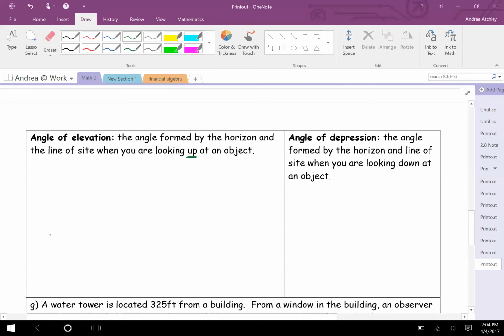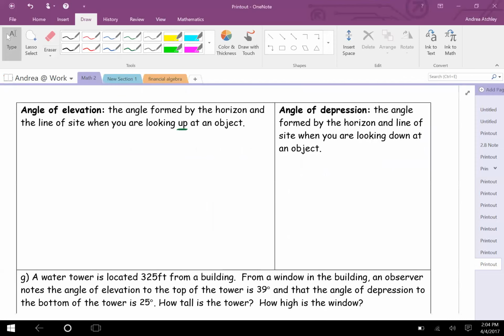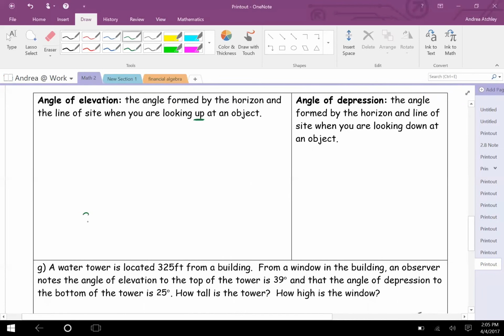Now, it's okay if your picture doesn't look as nice as mine. Not everybody can be an artiste like myself.